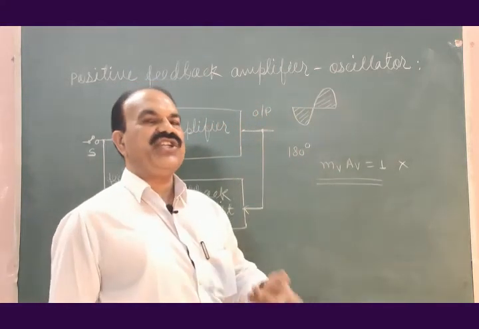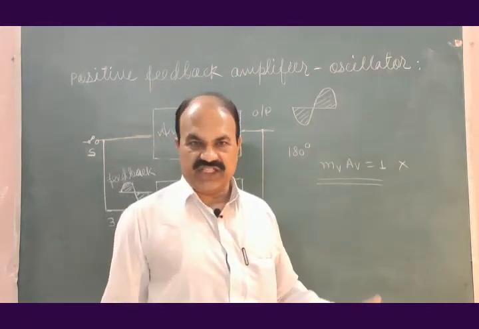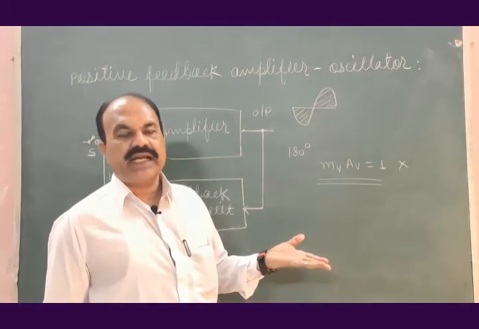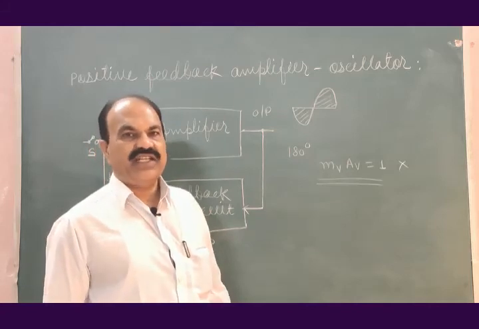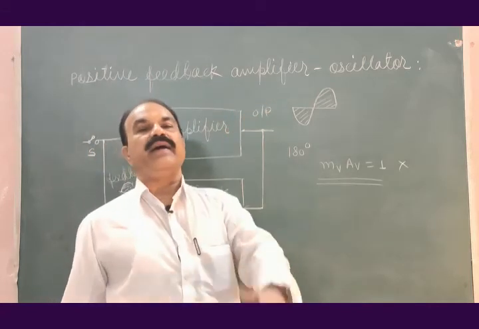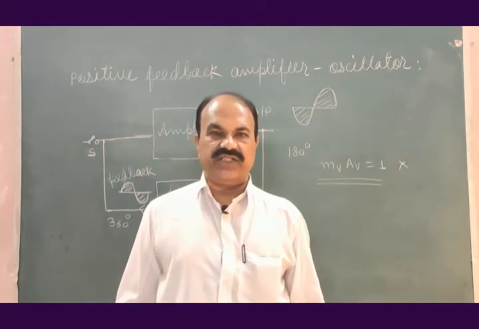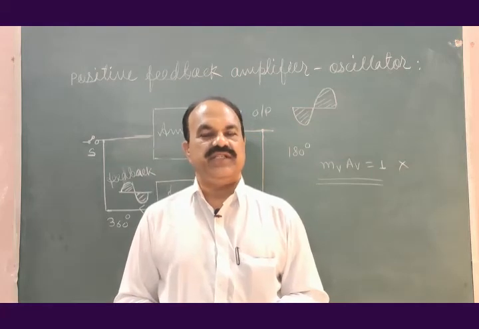This condition is known as Barkhausen condition. Whenever Barkhausen condition is met, the positive feedback amplifier can work as an oscillator. Otherwise, it will not work as an oscillator.